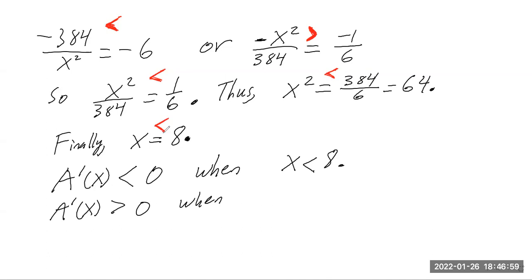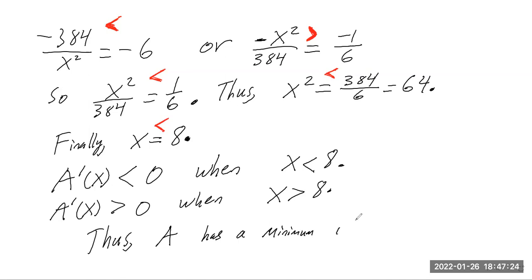At what stages would they flip back and forth? What you should find is that our derivative is then positive when x is greater than 8. Now, derivative negative then goes to positive. Then the area has a minimum when x equals 8.